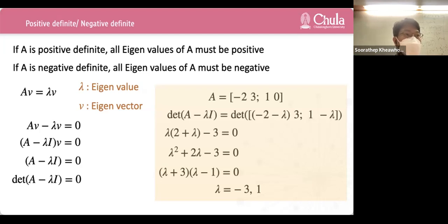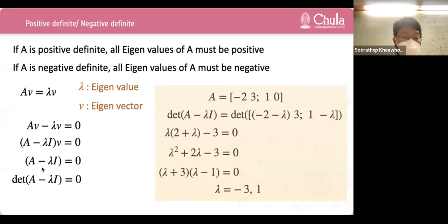For larger dimension problems, you can use MATLAB. It's easier, only one line of command, and you get the eigenvalues. All right. So we start from AV equals lambda V. Then we move lambda V to the left-hand side, and we get A minus lambda I times V becomes 0.